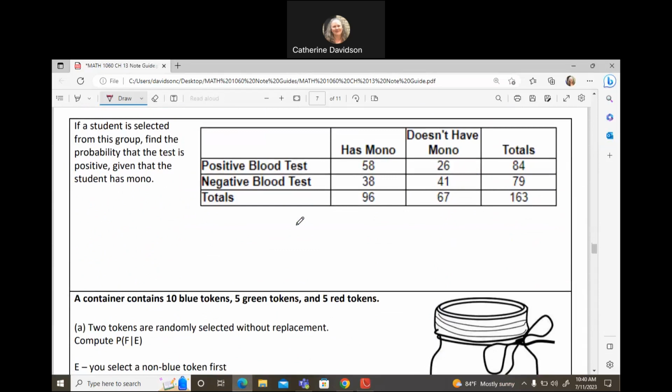If a student is selected from this group, find the probability that the test is positive given they have mono. So the probability the test is positive given they have mono. So on top, it's a positive test and mono. And on the bottom, it's all the ones that have mono.